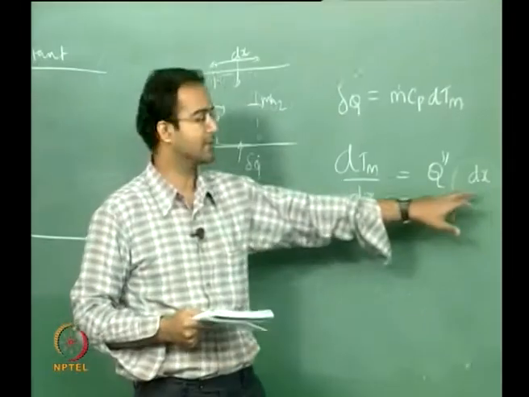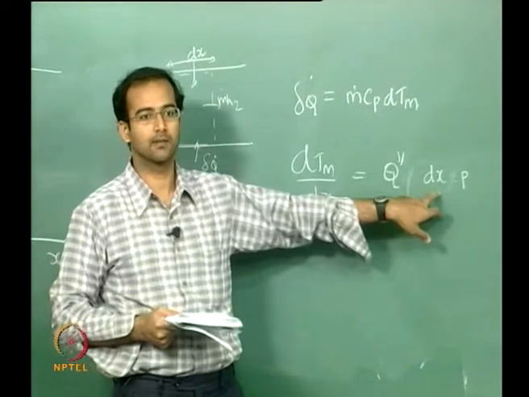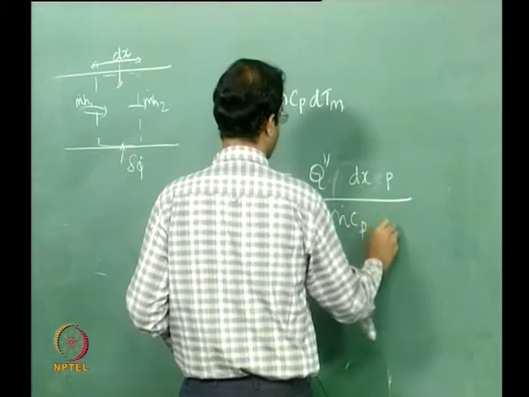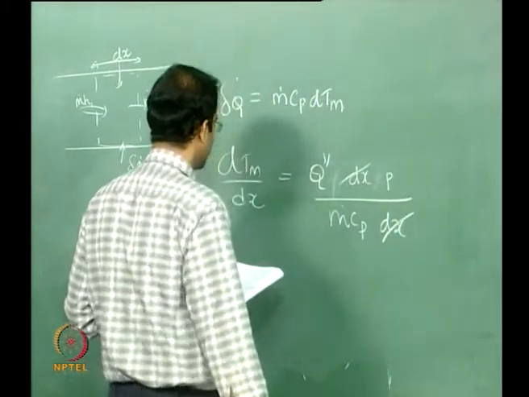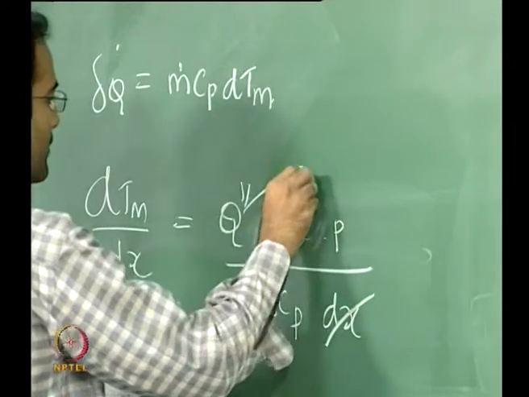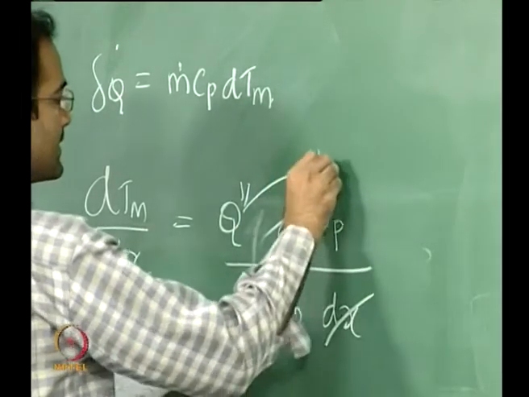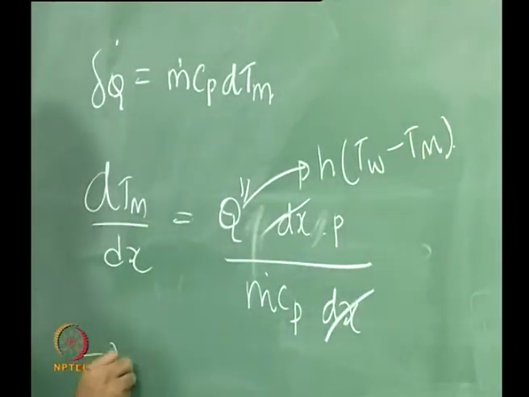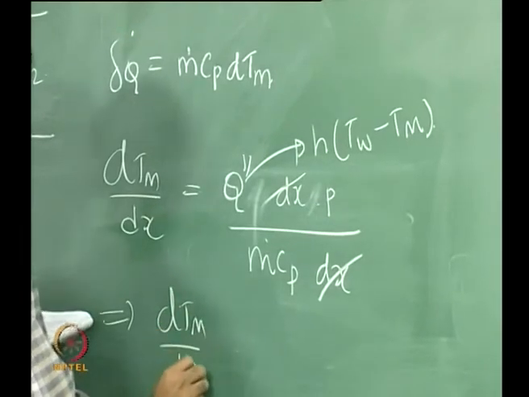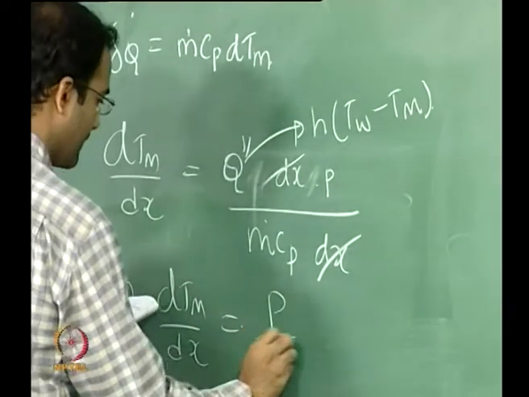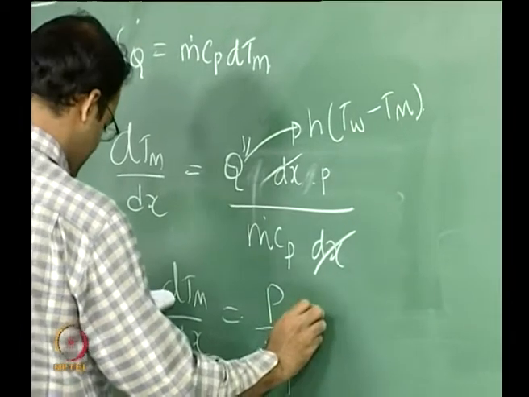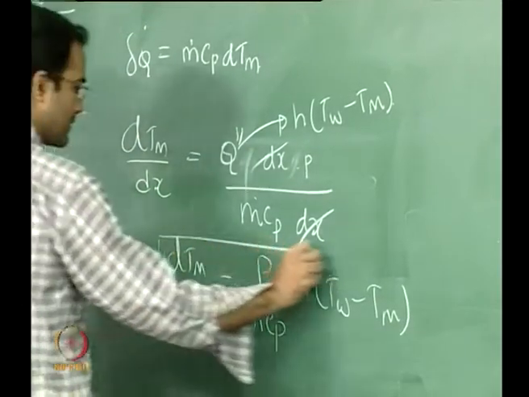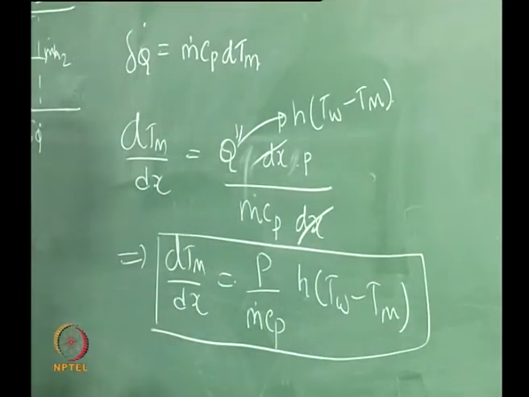So this will be your surface area where you are adding heat. This will be divided by m dot Cp, and of course you are dividing by dx, so dx cancels. Now your Q double prime you can apply Newton's law of cooling and write as h into T wall minus T mean. Therefore you have dTm by dx is equal to P by m dot Cp, P is your perimeter, into h into T wall minus T mean. So this is the expression coming out of the simple energy balance that you are doing.